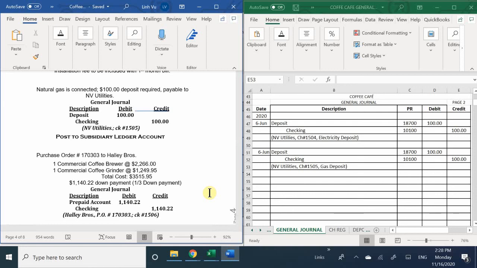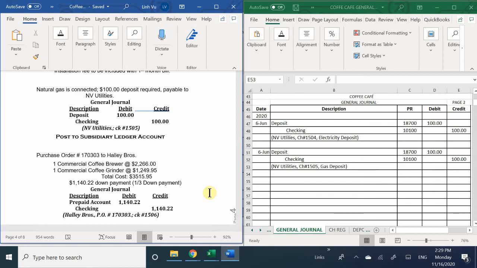So here we're making a prepaid or advanced payment to this bill. So this is where we're going to use that category, prepaid accounts. However, because we're paying this, it's actually going to be interpreted as something different. So I'll show you what happens when we receive the bill for this Haley Bros coffee grinder and coffee brewer.